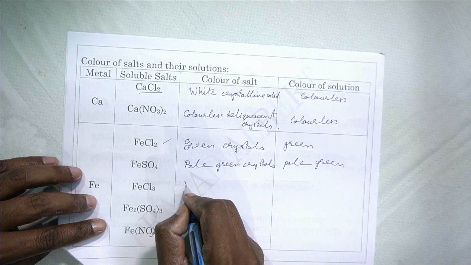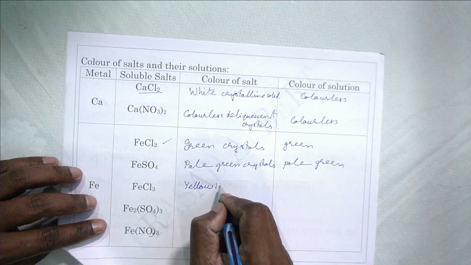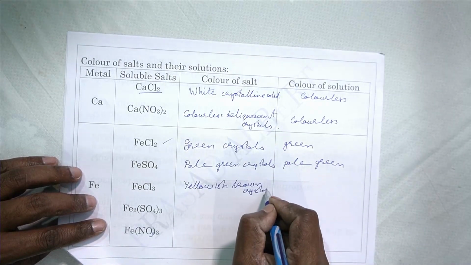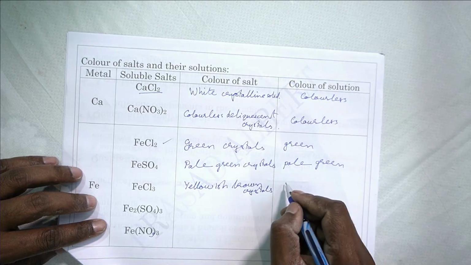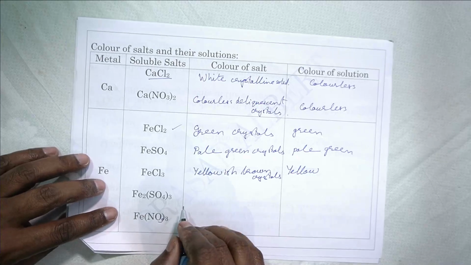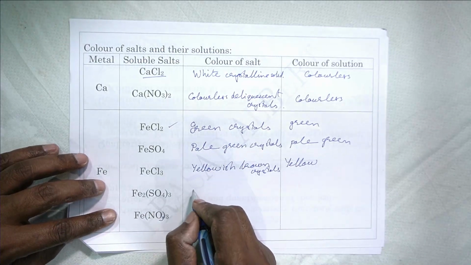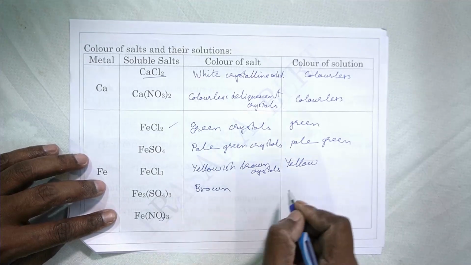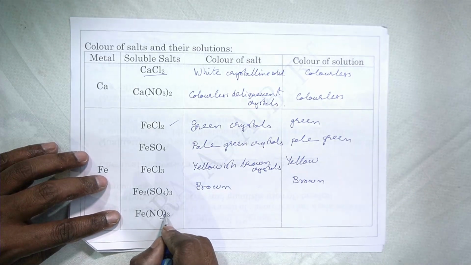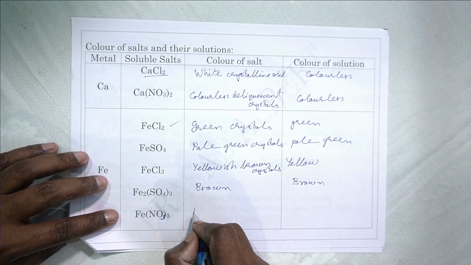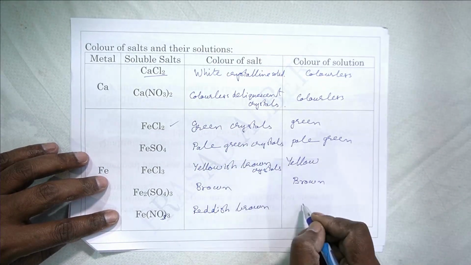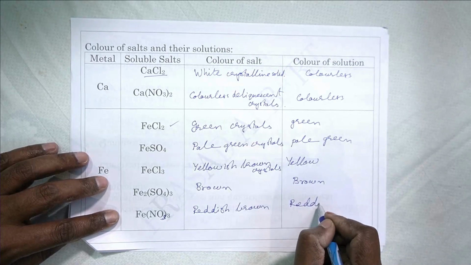It is yellowish brown crystals. This also is deliquescent, absorbs moisture, and forms a yellow colored solution. Fe2(SO4)3, ferric sulfate, is brown, and its aqueous solution is also brown. Then ferric nitrate, Fe(NO3)3, is reddish brown. The aqueous solution is also reddish brown.